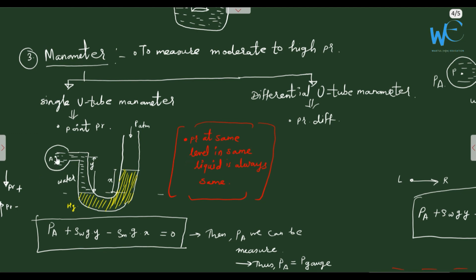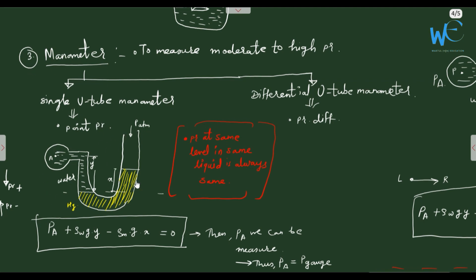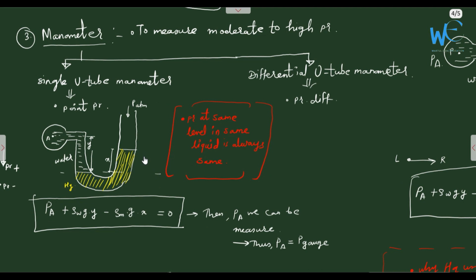Just look here, where I dotted A. What I'm saying is, pressure at the same level in the same liquid is always the same. This whole principle we are going to use while forming an equation to resolve the manometer and get various pressures.